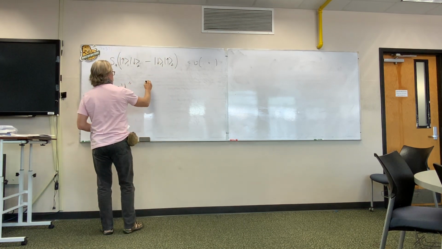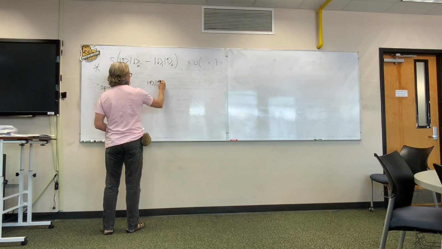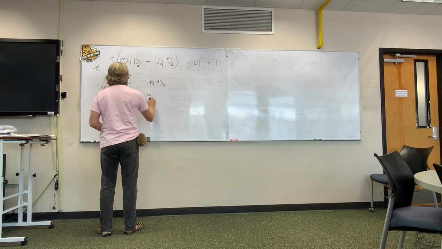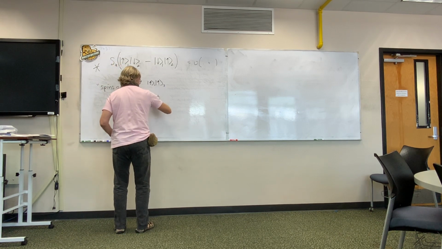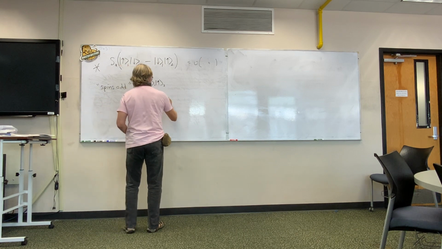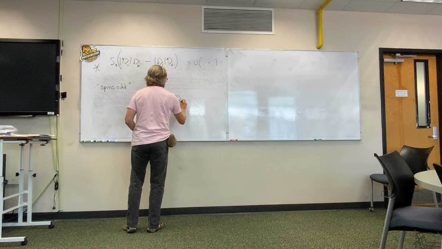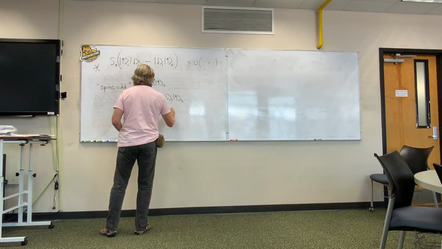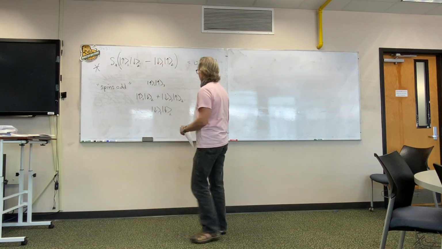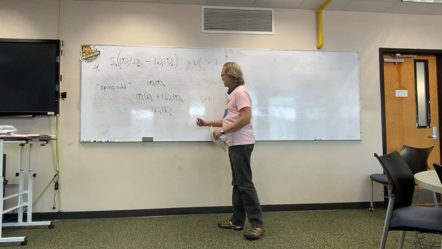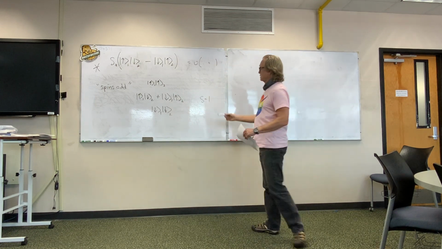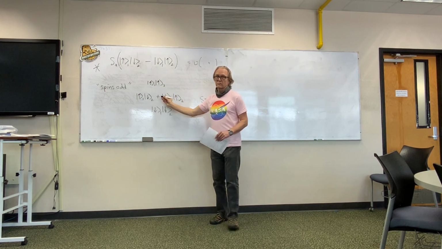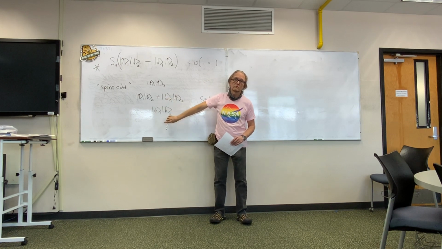We have the up 1, up 2, up 1, up 2 plus, no. We've got three of those. Total spin is 1. And that spin can be with the z-axis, perpendicular to the z-axis, or against the z-axis.